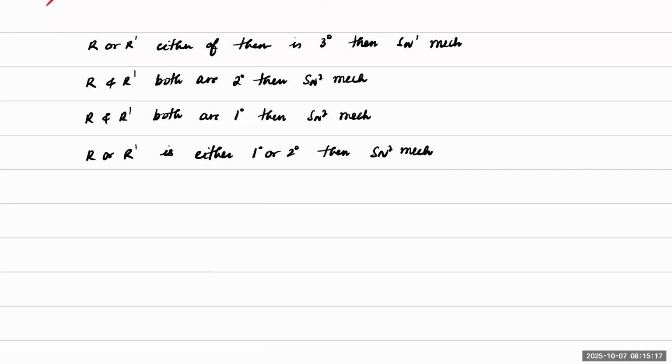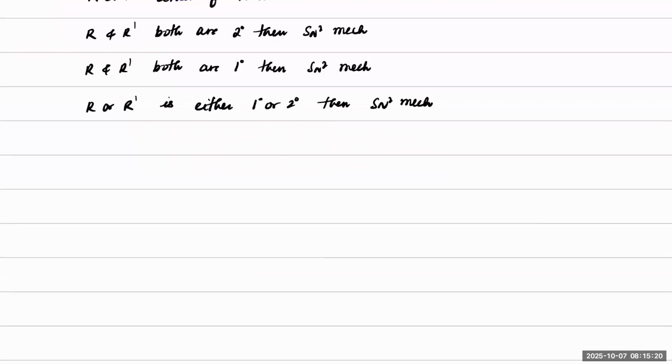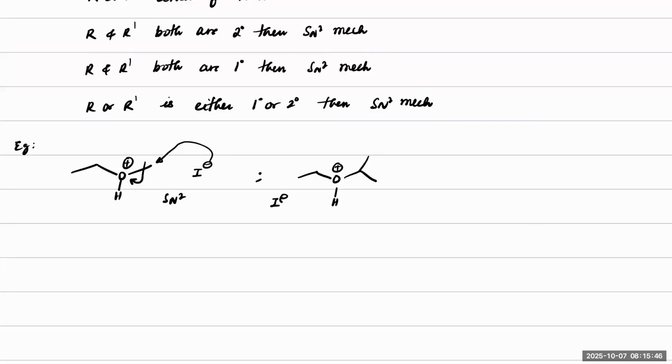Let me show you with examples now. For example, if you have it like this with protonation done, I minus will directly attack here, the bond will break here. Done. The mechanism is SN2 kind. Suppose you have it like this with a positive charge here, then I minus will attack on this position, the bond will break on this position, again SN2.